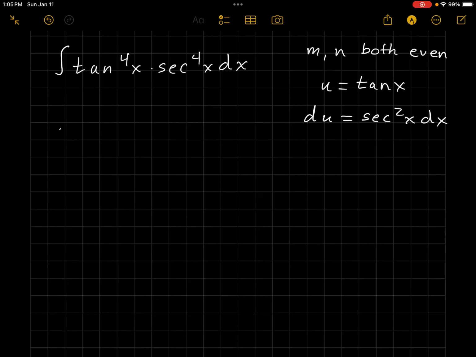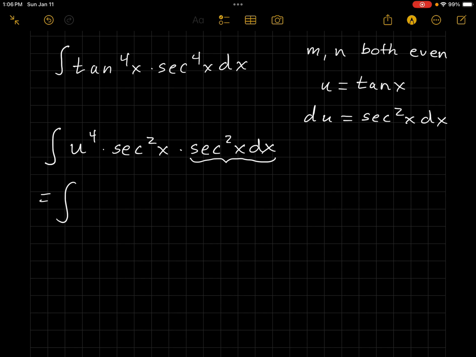Rewriting the integral, we would have u to the fourth times secant squared x times secant squared x dx. And I wrote that, or at least thought about that, because I know one of these secant squared x dx is my du. So I can write this as u to the fourth times secant squared x times du.